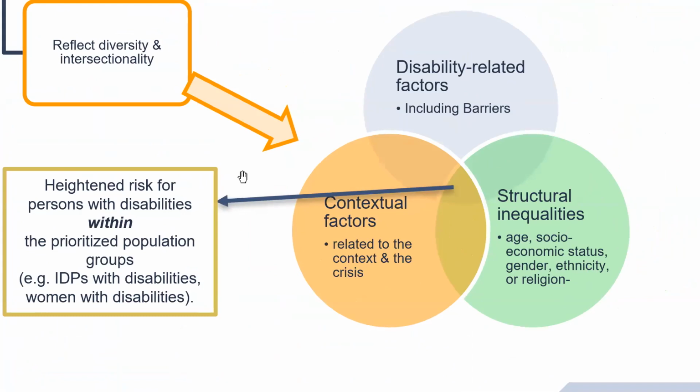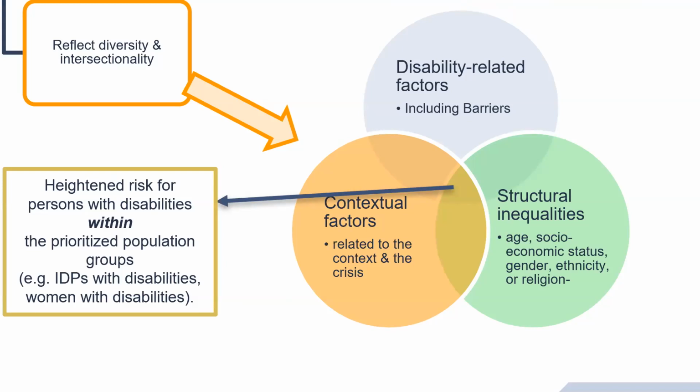If we focus on that and we try to quickly ask ourselves how we can do that, we will find that we have three factors that are interacting together to create a specific situation for person with disability. First, the factor is related to disability-related factor, including the barrier that person with disability is facing due to their type of disability.